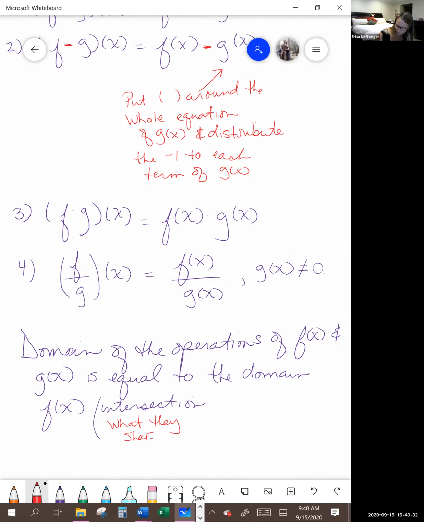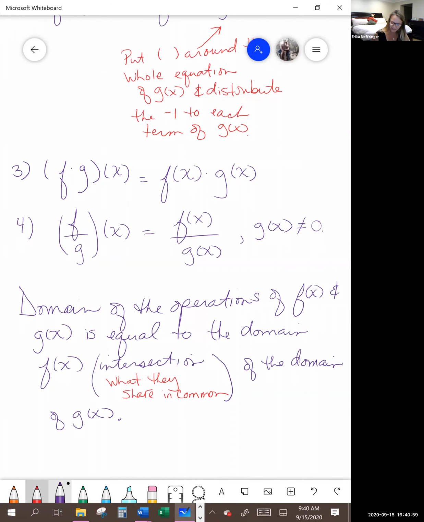The only case you have to be careful of is division, where you have to exclude any values which set the denominator equal to 0. The symbol for intersection, you might see as that upside down V shape, just telling you that you're taking an intersection of two sets.